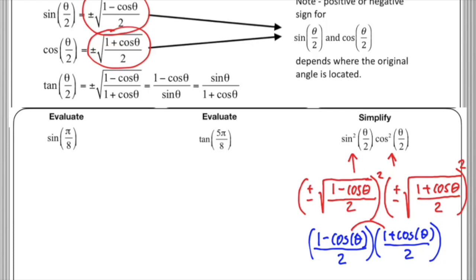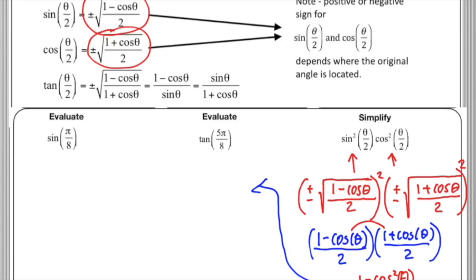Okay, and it's kind of like the difference of two squares, and you might have a good idea what's going to happen next here. After we FOIL out the top, we're going to get 1 minus cosine squared theta all over 4. Okay, and then it looks like I'm out of room. I'm always running out of room on these things here.